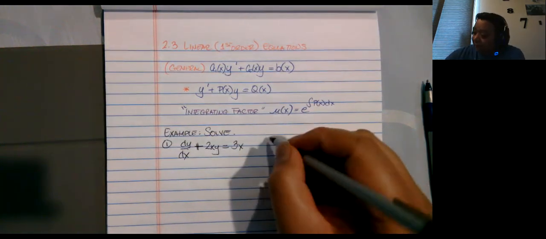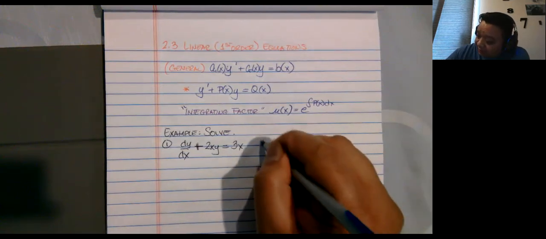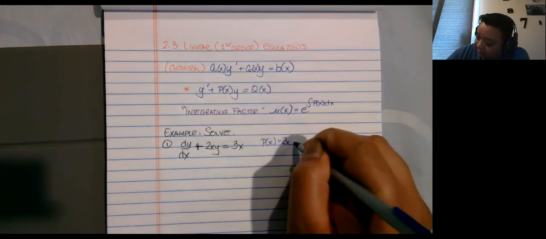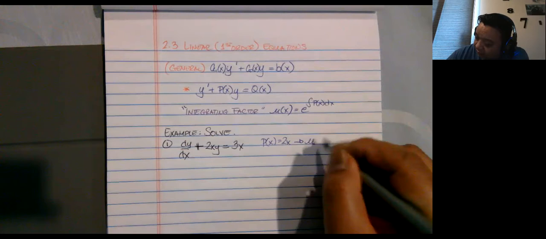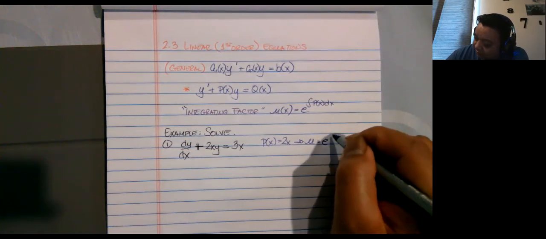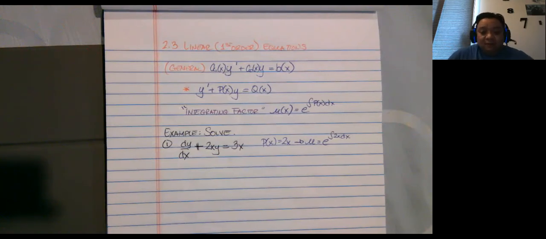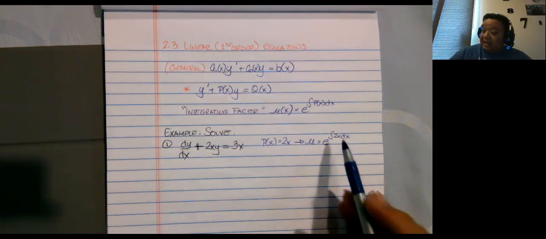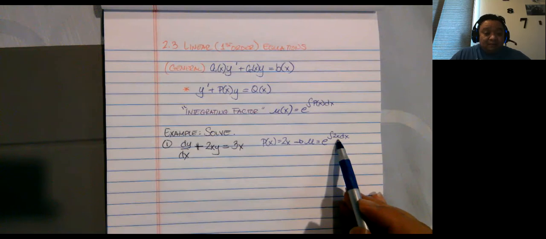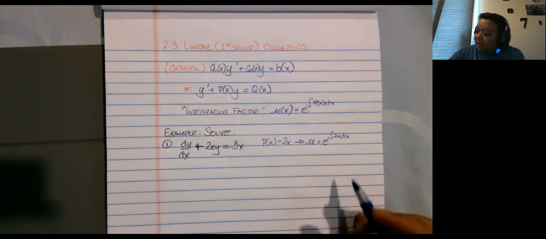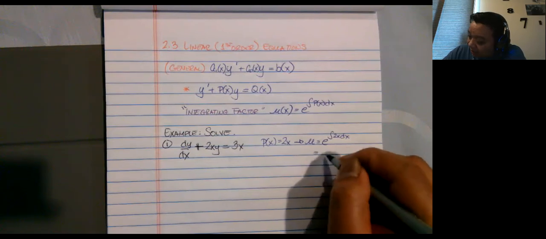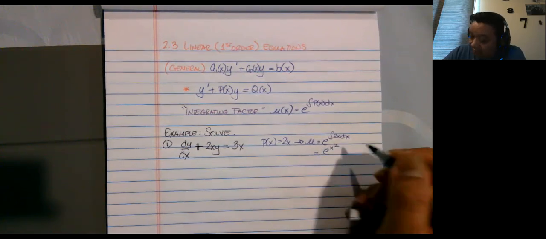So in this case, p of x is 2x, which means my integrating factor is equal to the exponential of the integral of 2x dx. And so what is the integral of 2x then? x squared. Okay, so that means my integrating factor is e to the x squared.